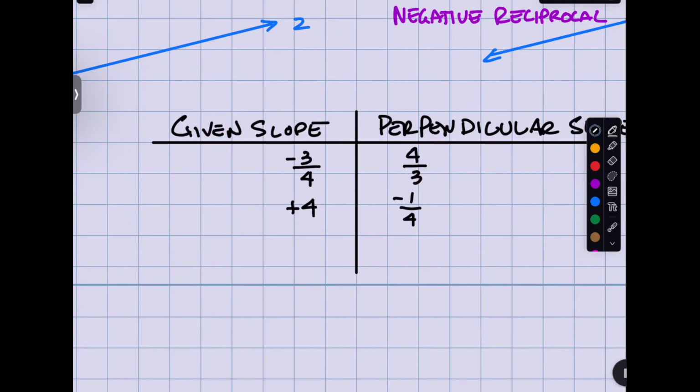So we got to make sure we're doing that. And if it's negative 2, it's going to be positive 1/2. Right? So hopefully that helps you guys understand what flip and negate really means. Are we okay here? Yeah?